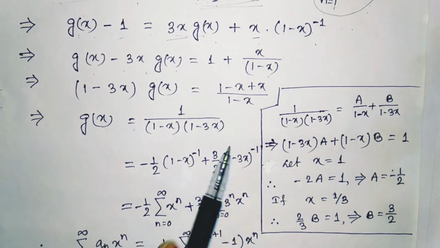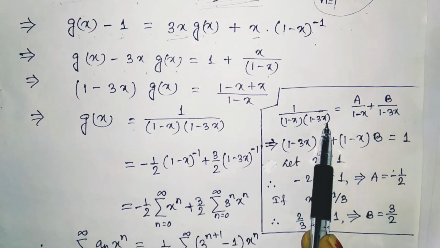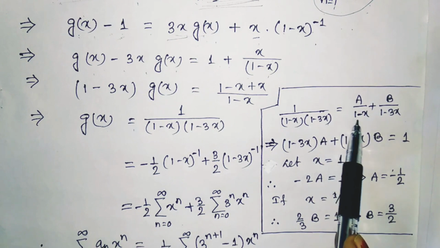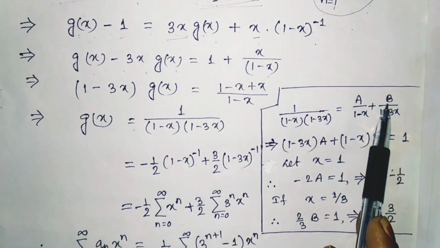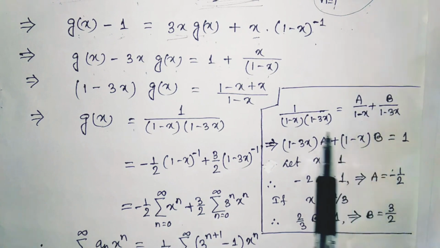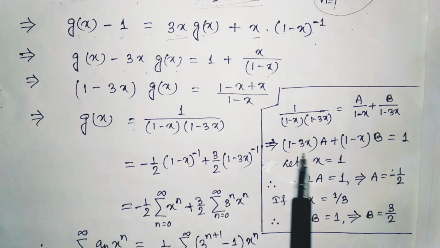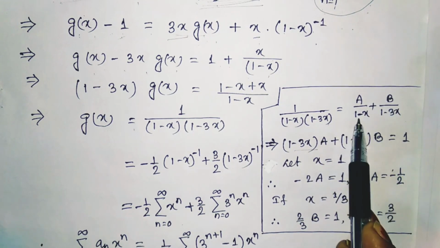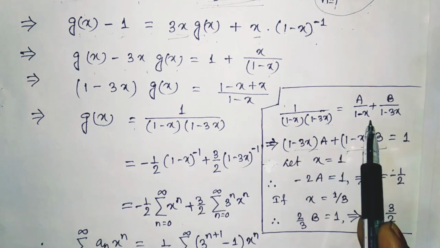That can be expressed in the form of a divided by (1 minus x) plus b divided by (1 minus 3x), where a and b are constants. Now that can be written as a into (1 minus 3x) plus b into (1 minus x) equals 1. These two parts are cancelled.